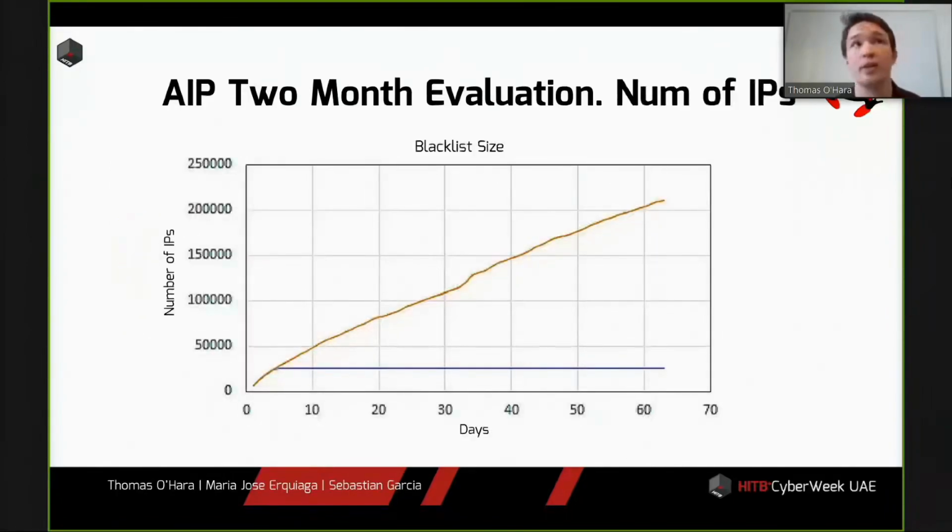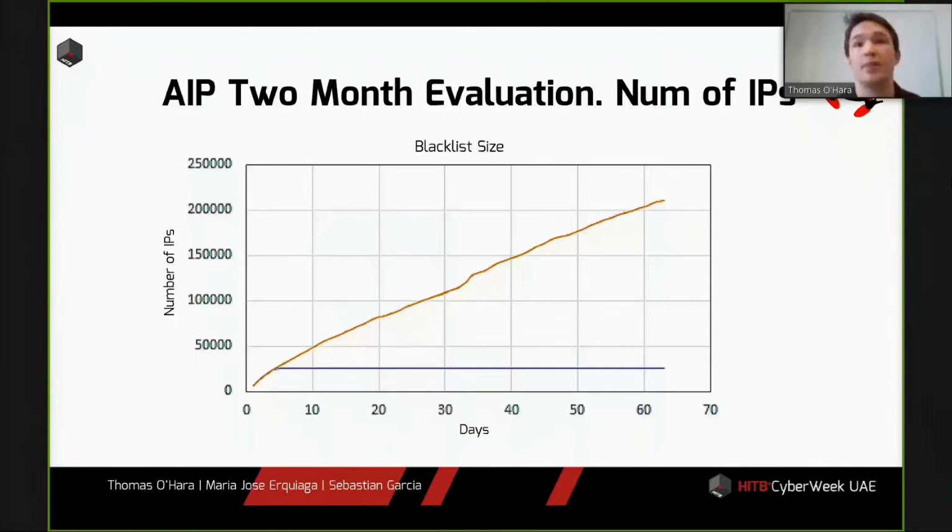So it's important to point out the size difference between these two blacklists as time goes on. As I said earlier, our AIP blacklist is a static top 20,000 IPs, so that doesn't change as time goes on. However, our all IP blacklist grows at a linear rate as time goes on, because every day new IPs are going to attack our network.